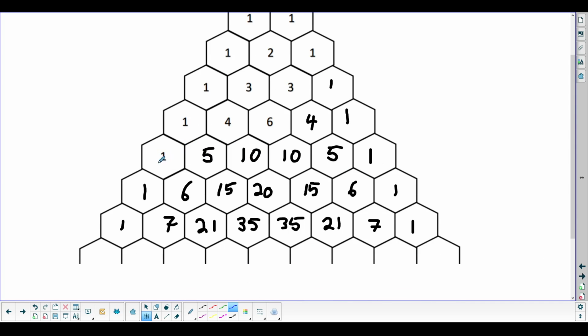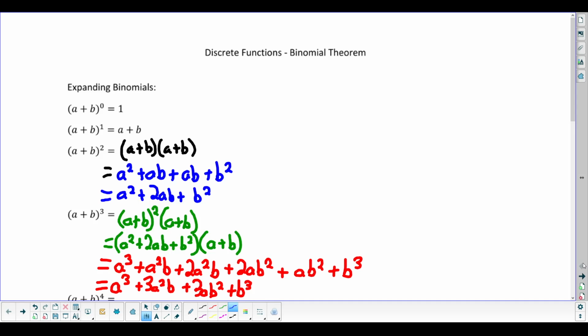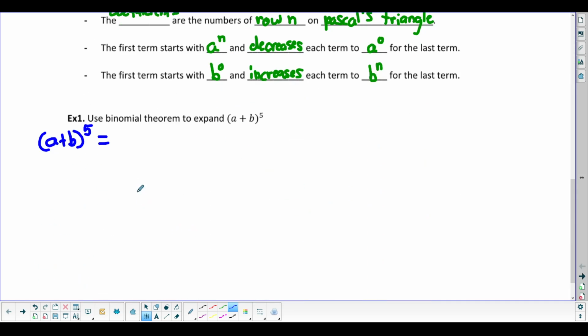So row 5 is 1, 5, 10, 10, 5, 1. So what we'll do is start by writing out those numbers. Now I'm going to spread them out pretty good. So 1, positive 5, plus 10, plus 10, plus 5, plus 1. Because I want to be able to fill in some more stuff in here.